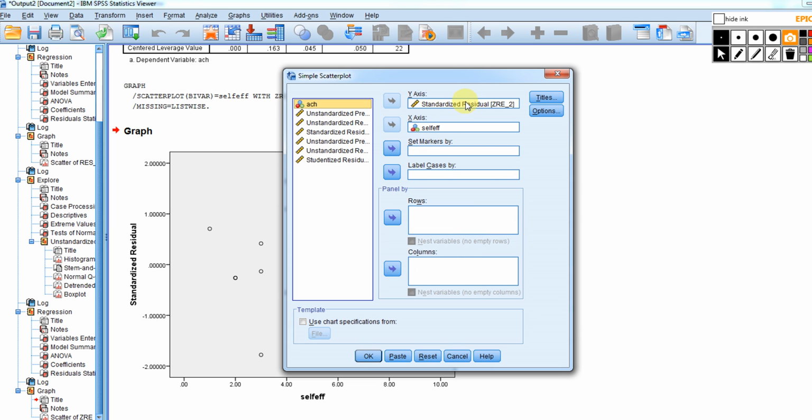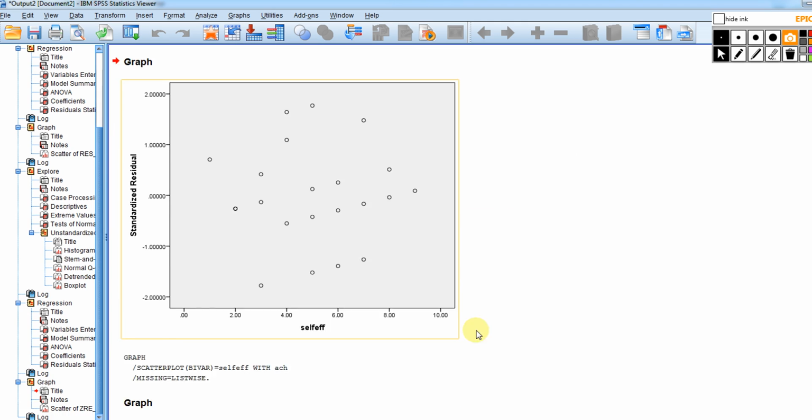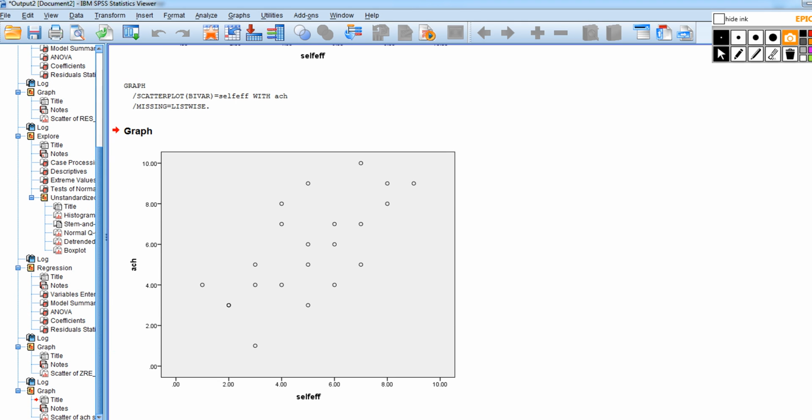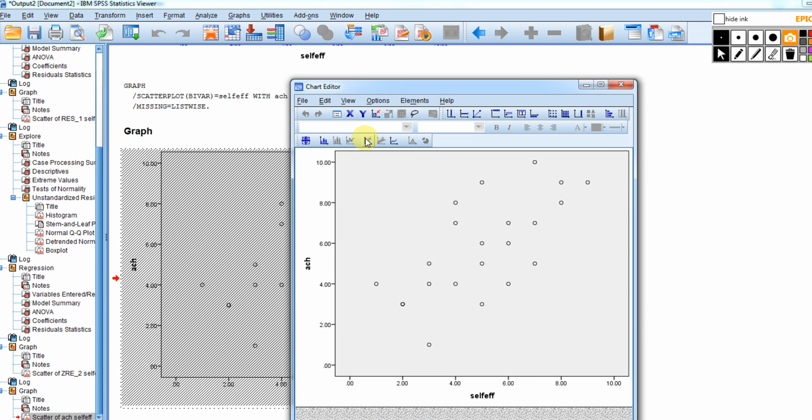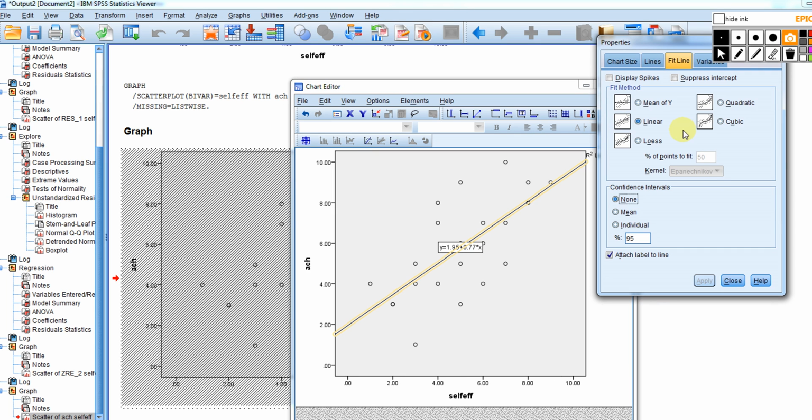If I double click on this and go up to Add Fit Line at Total, it gives me several options for looking at linear and nonlinear trends and seeing if the data seems to match any of those trends. A straight line really fits this data very nicely. If I ask for a quadratic trend or a cubic trend, you can see a shade of a bend, but it doesn't really fit the data very well.